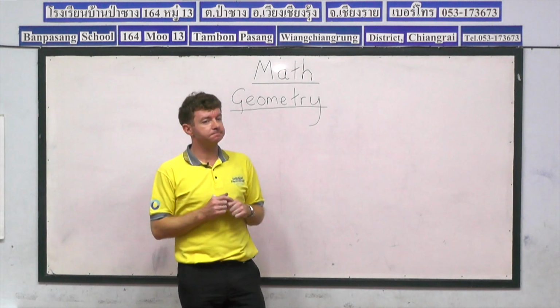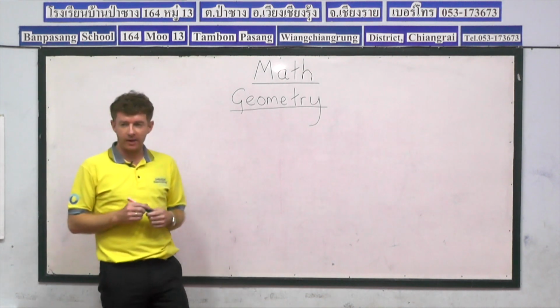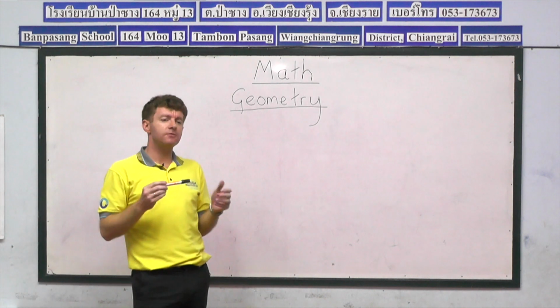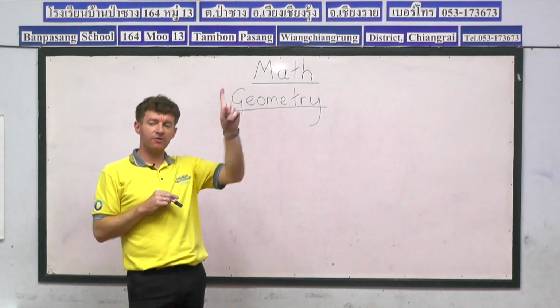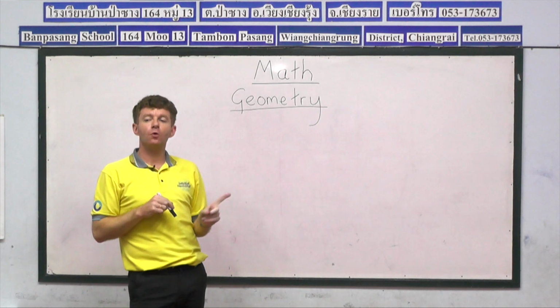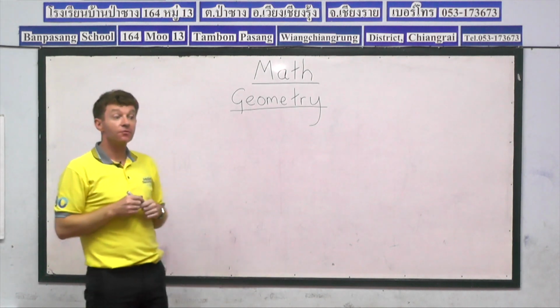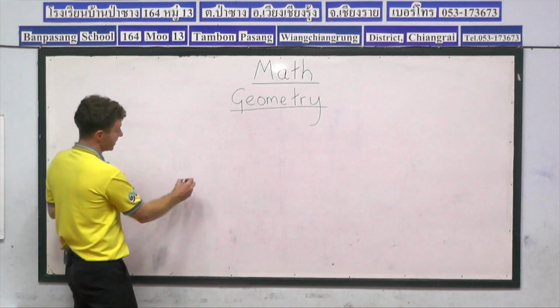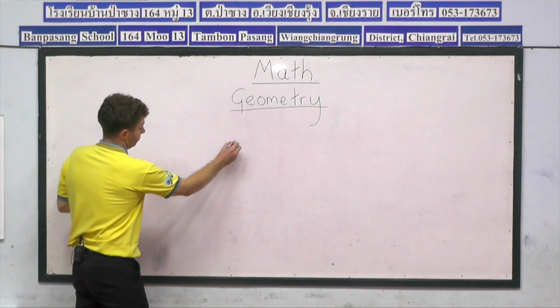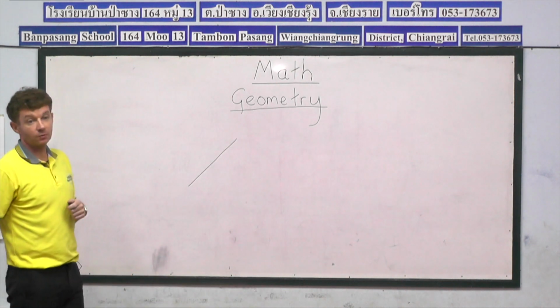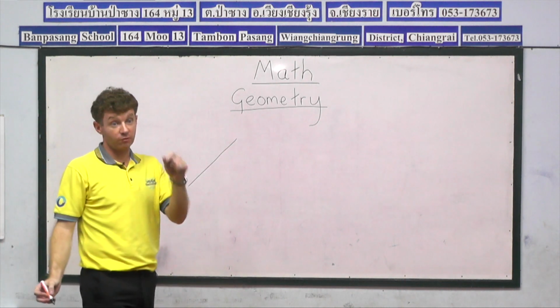Begins with L. Line. Okay, what type of line would you like me to draw? Should we have vertical, horizontal, or diagonal? Diagonal. Okay, so diagonal line will go like this. We have our line. That's one of the 3 things we need.